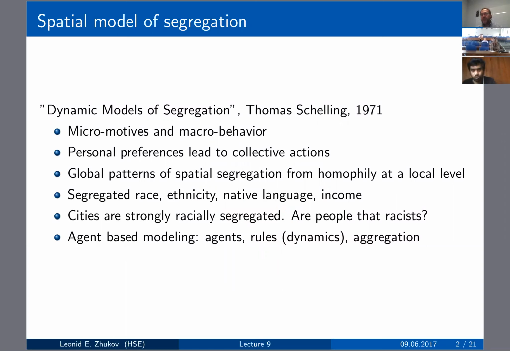The spatial model of segregation was actually proposed by a Nobel Prize winner now, Thomas Schelling, in 1971. It's one of his papers back then, and then it became the basis for a much bigger book by him on micromotives in macro behavior.